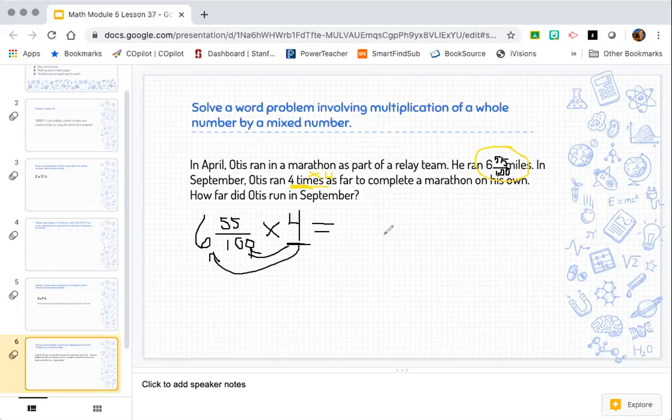So the first part is 6 times 4, or you could write it as 4 times 6, plus 4 times 55 over 100.